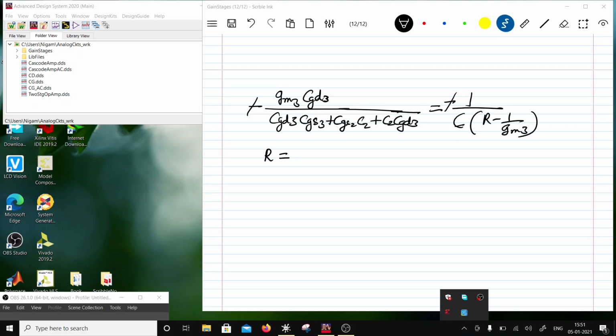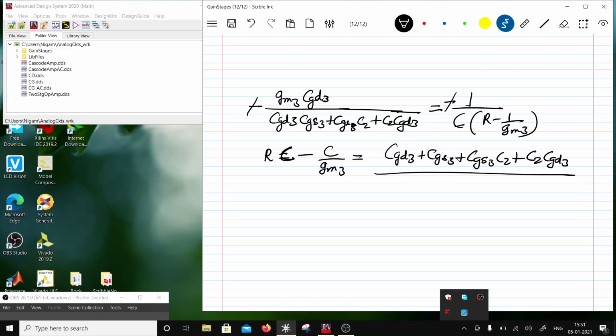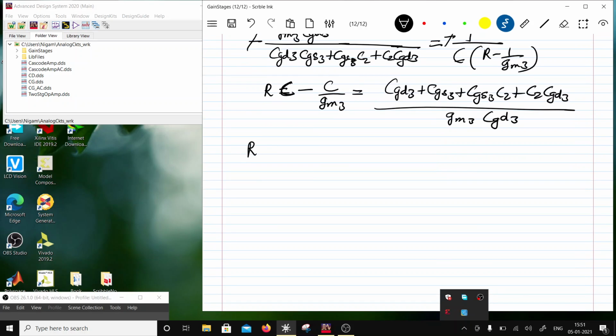So R would come here, and so it will be RC minus C over GM3 should be equal to CGD3 CGS3 plus CGS3 C2 plus C2 CGD3, this thing divided by GM3 CGD3. Okay, so cross multiplying, and then I have R is equal to, so C common, right?